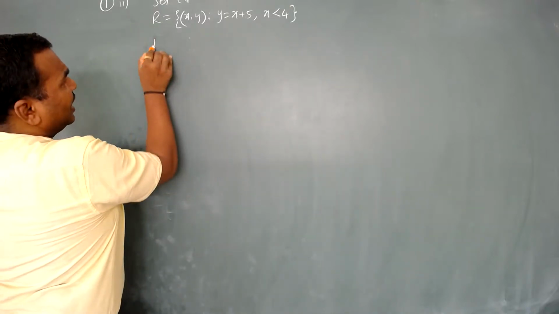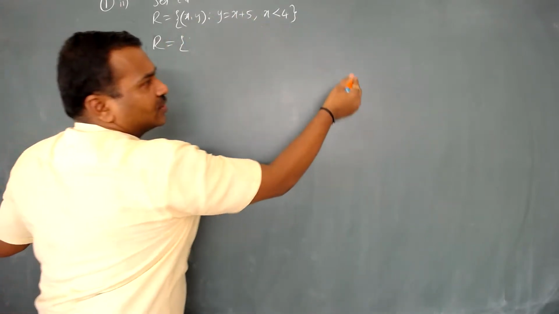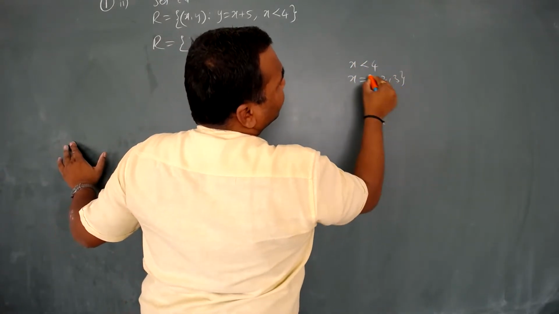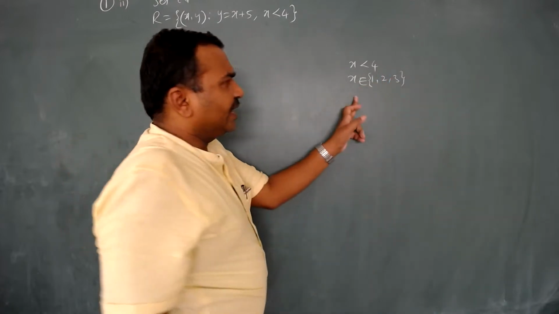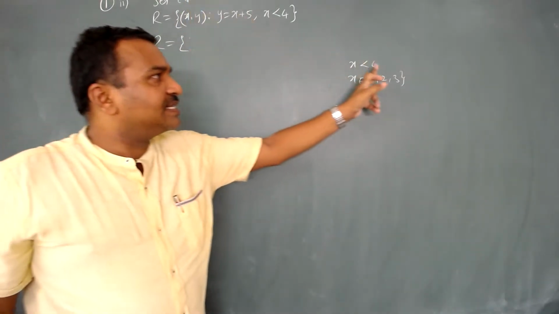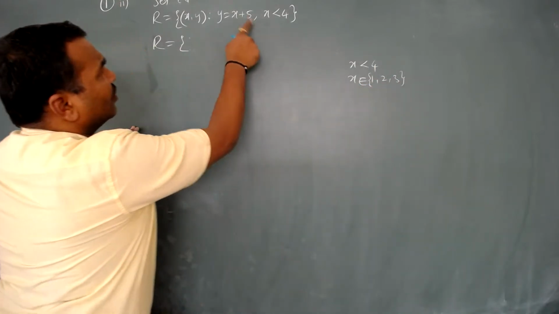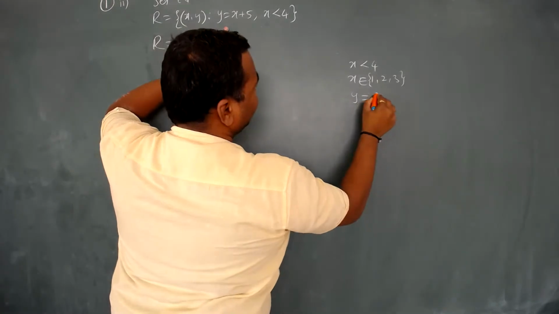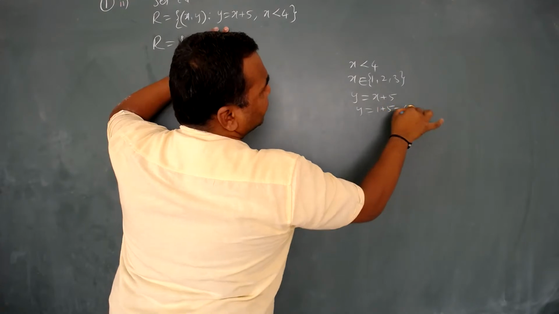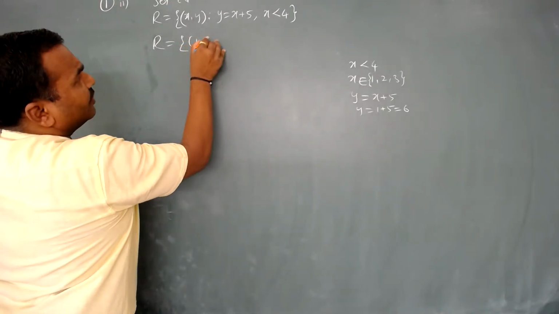First of all, this is a finite set now, because the x value is less than 4. Since x is a natural number less than 4, x should be 1, 2, 3 only. Put x equal to 1: y is 1 plus 5, that is 6, so the first element is 1 comma 6.